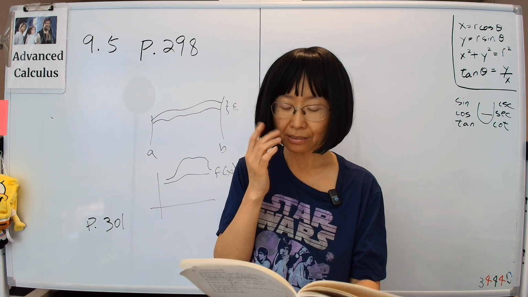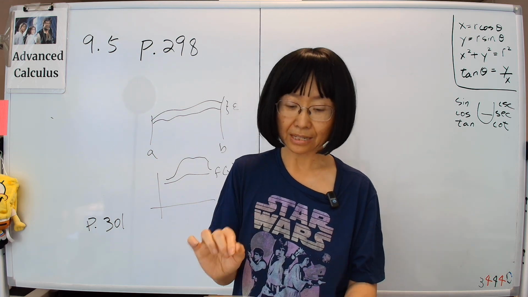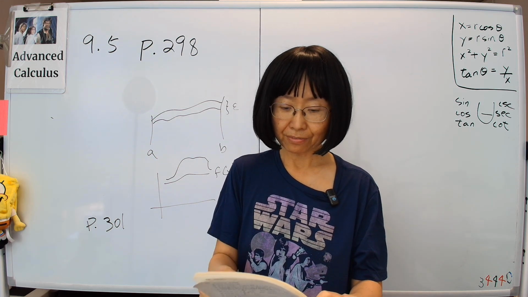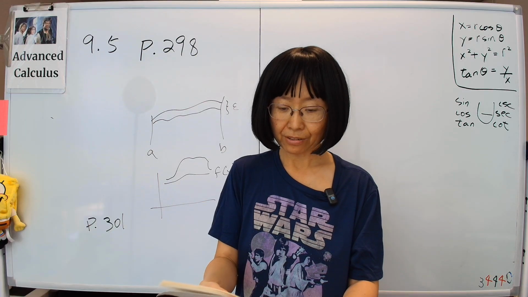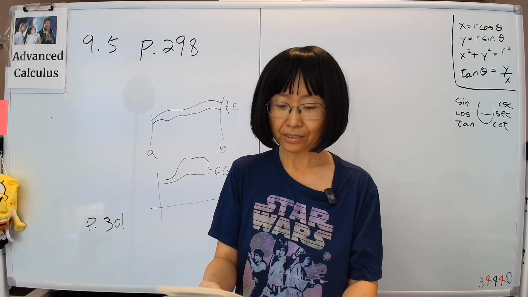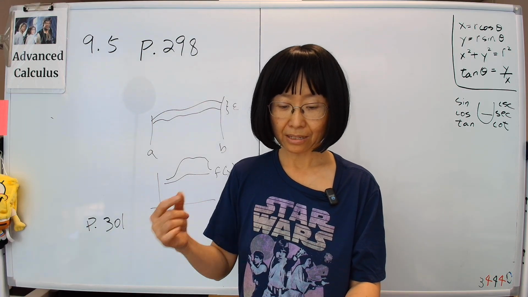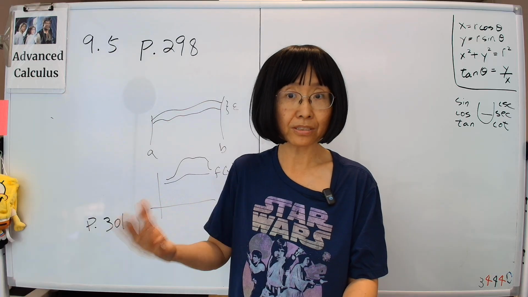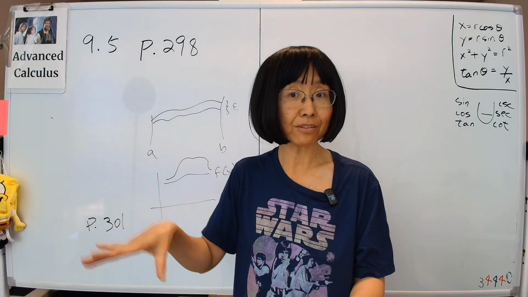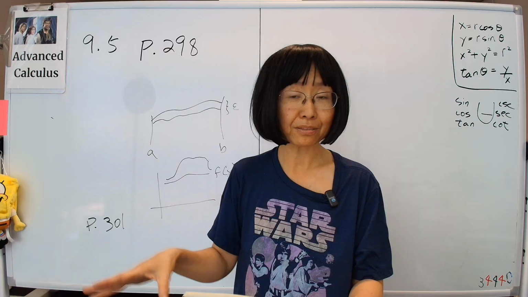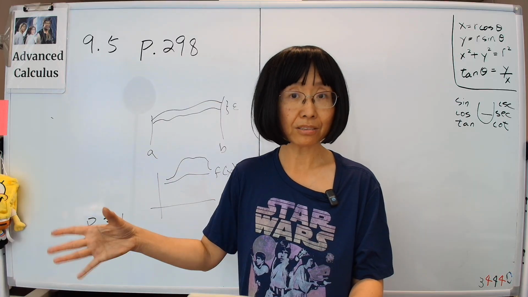Now, there's uniform convergence, and then there's absolute convergence. If a series converges uniformly, then it converges absolutely, because converging absolutely just means the absolute value of each term, if you slap the absolute value on there, it will also converge.